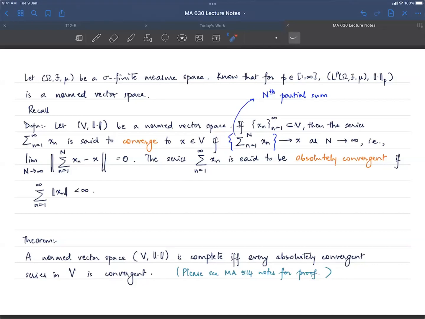But one of the facts is that if you're in a complete normed vector space, then convergence and absolute convergence are exactly identical. So if I have a normed vector space V together with this norm, this is complete if and only if every absolutely convergent series in V is convergent.